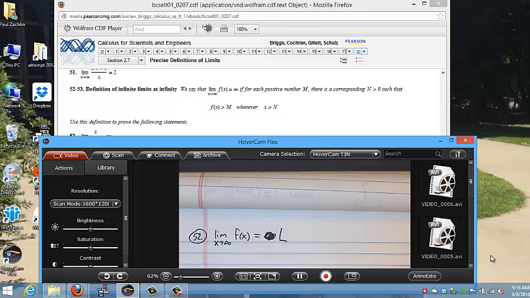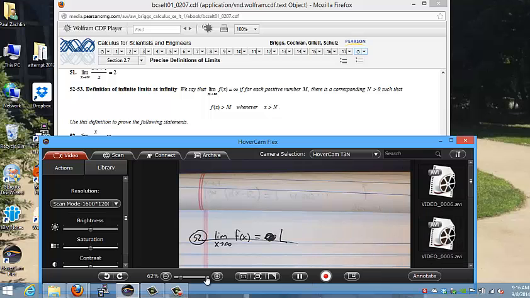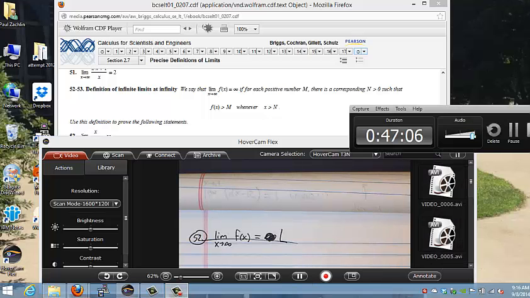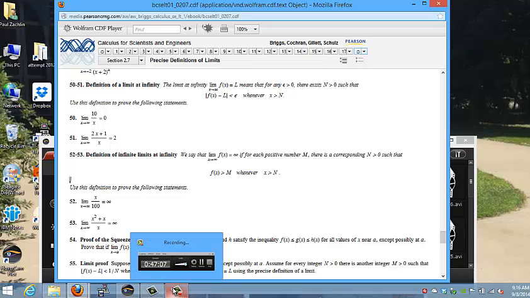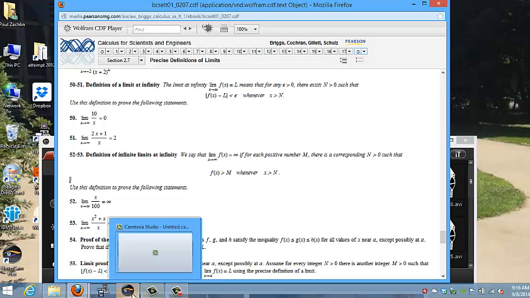Oh no, scrap this. I don't want to do that. Try that again. Let's, for example, do number 51. That's a nice example. Okay, we'll try that again.